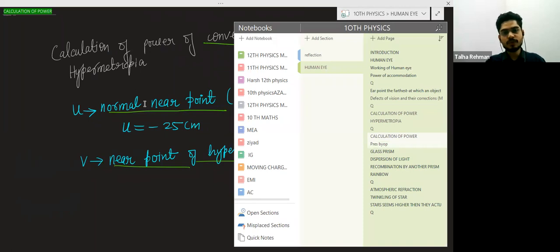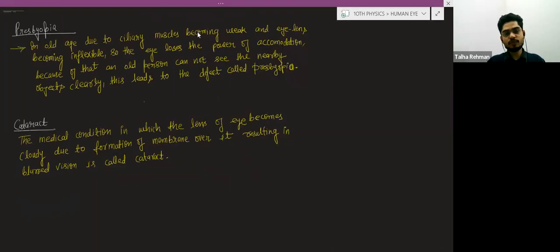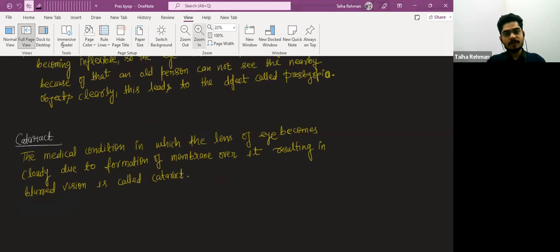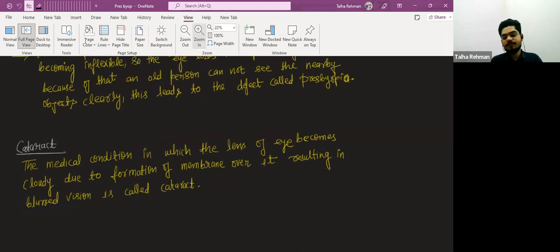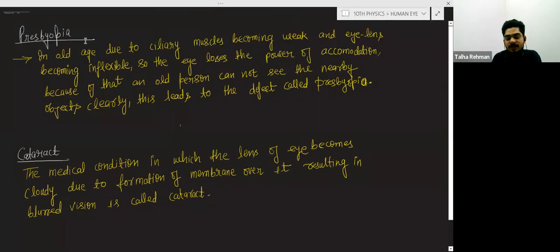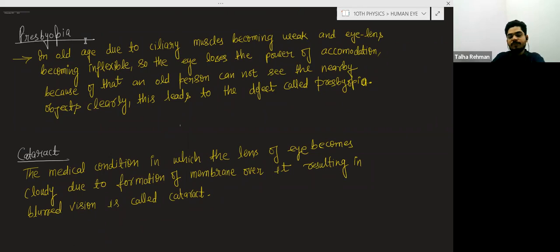Now there are two more defects. One is presbyopia. Basically, what is presbyopia? In old age, what happens? The ciliary muscles become weak, and due to that the functioning of the eye lens is not proper.